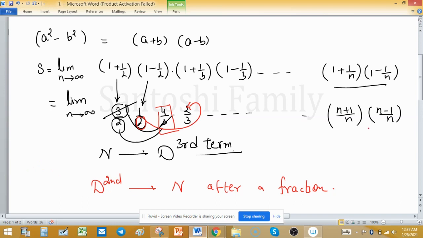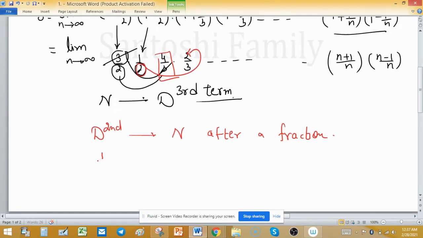So the first denominator is left, 1 upon 2, and if you proceed like that, skipping one fraction, that will cancel out the denominator, and the numerator of the coming one will cancel out by the previous skipped denominator.